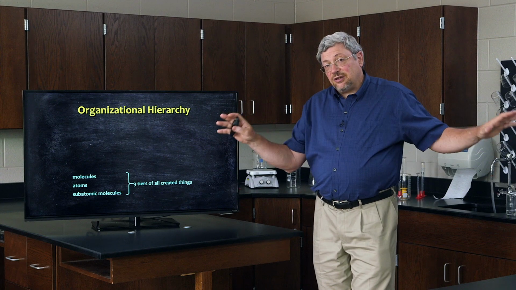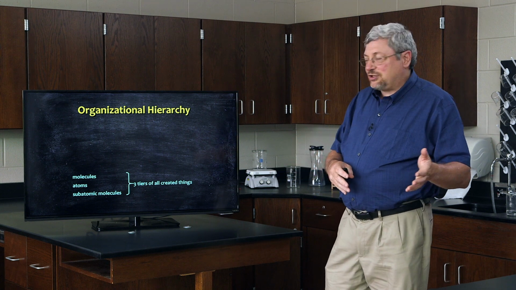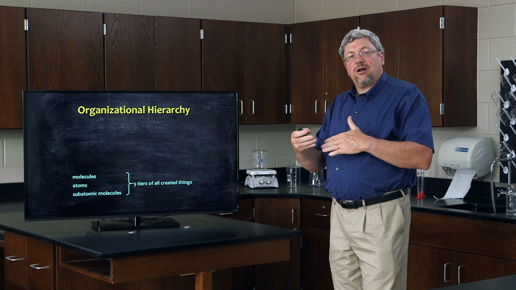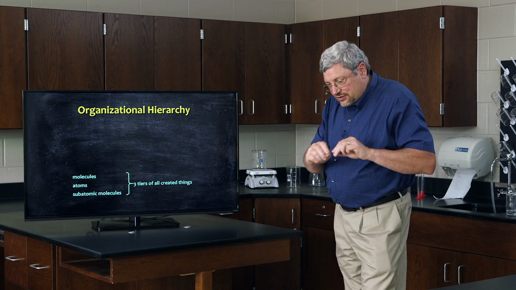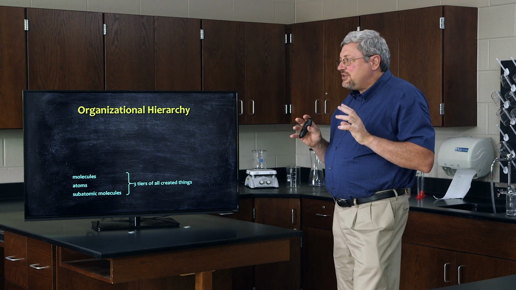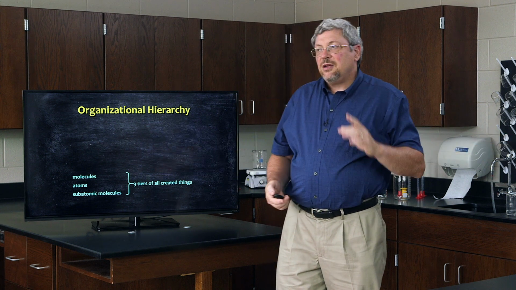This exists in all things, whether they're in the biological world or the non-biological world. These are three tiers of hierarchy, three levels of hierarchy, from subatomic particles to atoms to molecules. There are three tiers of hierarchy that are found in every created thing.